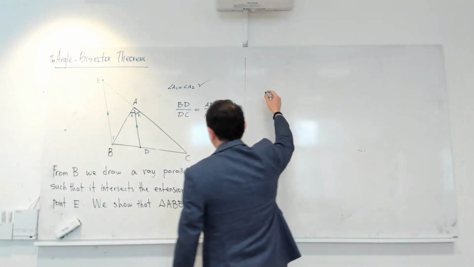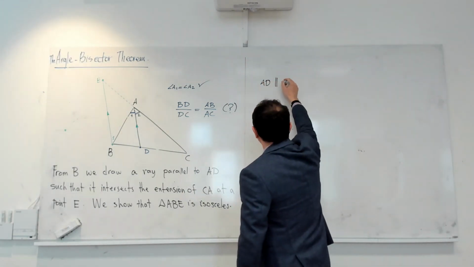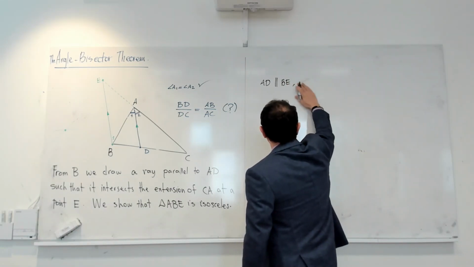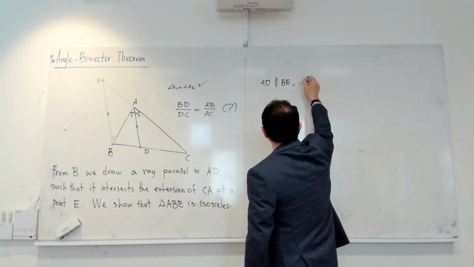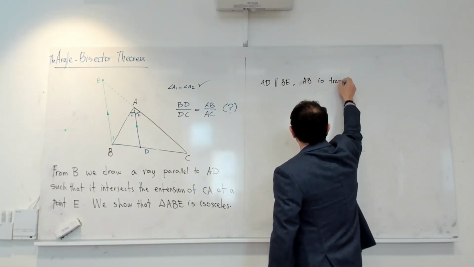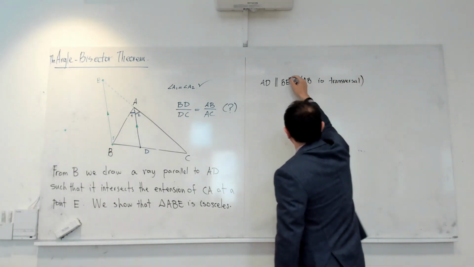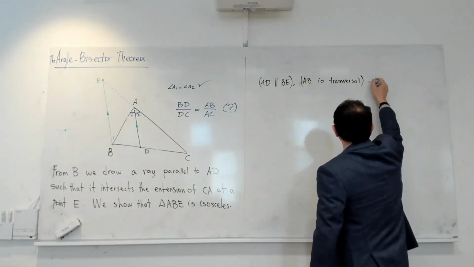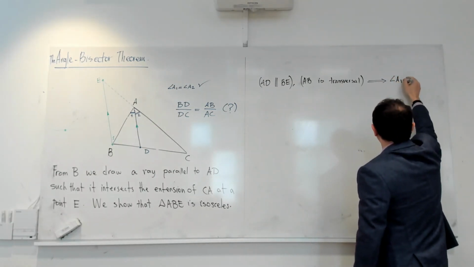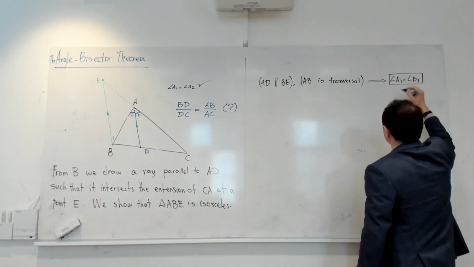So we say that AD is parallel to BE and AB is transversal. Because of these two assumptions, I can conclude that angle A1 is equal to angle B1. This is something that we can conclude from this one.